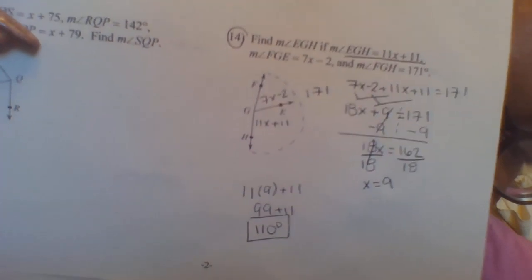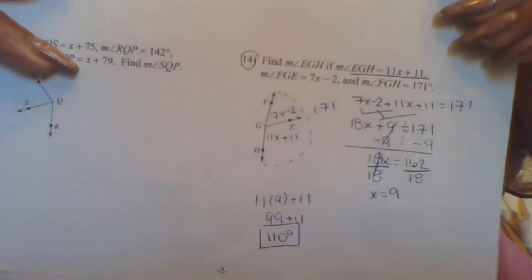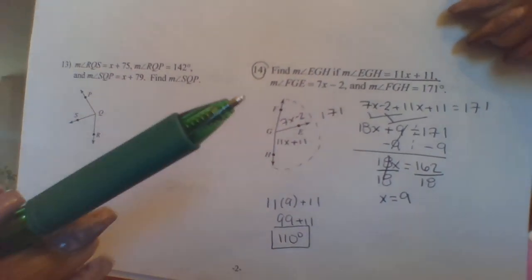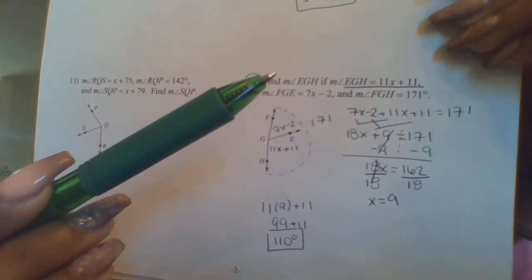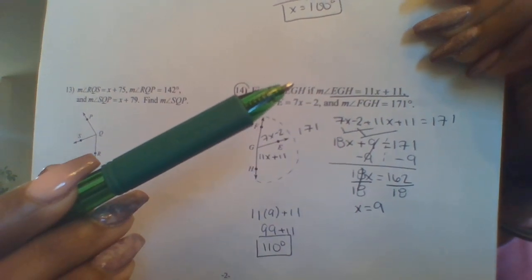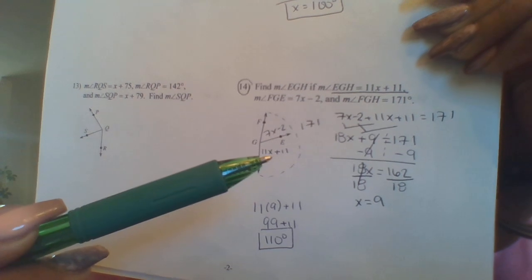Number 14, as you can already see, is a little more involved, but it's still the same process. Instead of giving us straight numbers, they give us expressions so that we can set up an equation and find the value of X before actually finding the angle. So they ask us to find the measure of angle EGH, excuse me. So that's angle EGH. We don't know this.